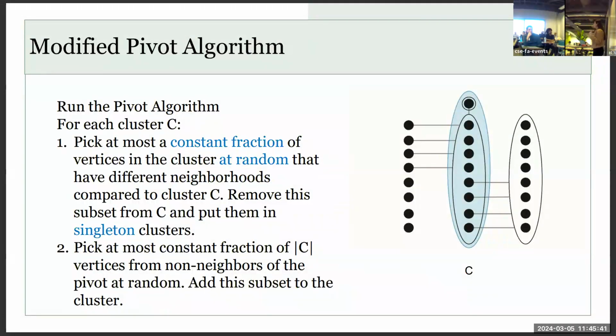So let me tell you about this modified pivot algorithm that we have.